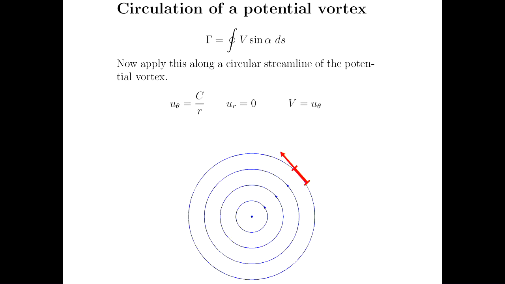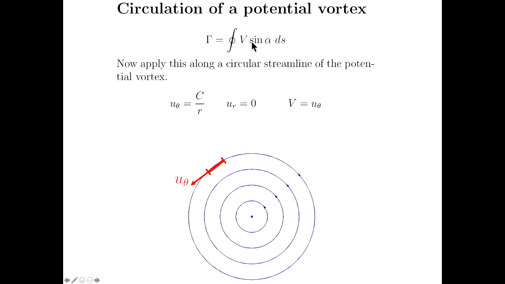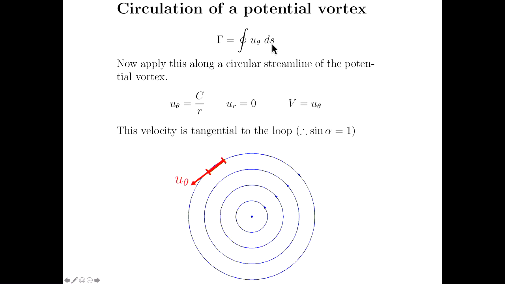Okay, so let's try and calculate the circulation along a circular streamline for our potential vortex. Okay, so if you look at our circular streamlines, the velocity u theta is always tangential to our streamline, right? Okay, so therefore I can replace v sine alpha with just u theta, right?